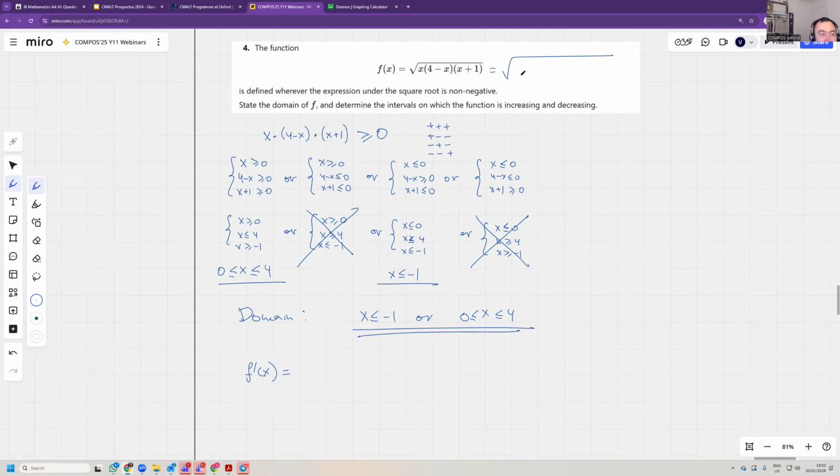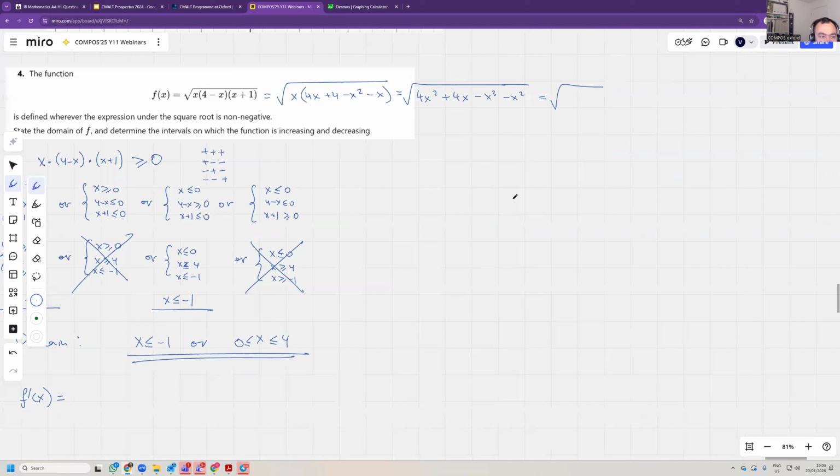So square root of x multiplied by 4x plus 4 minus x squared minus x, which is square root of 4x squared plus 4x minus x cubed minus x squared, which is square root of minus x cubed plus 3x squared plus 4x.